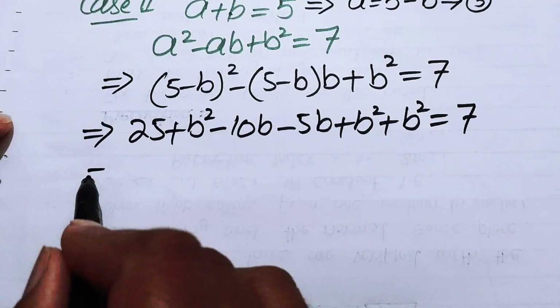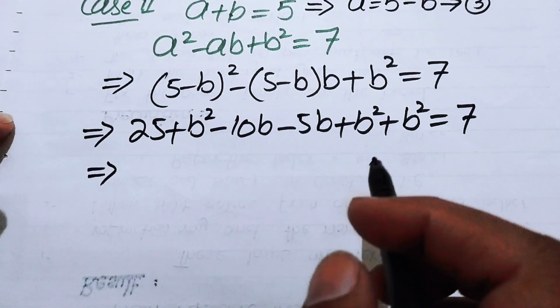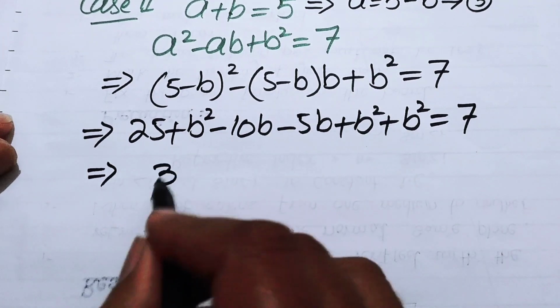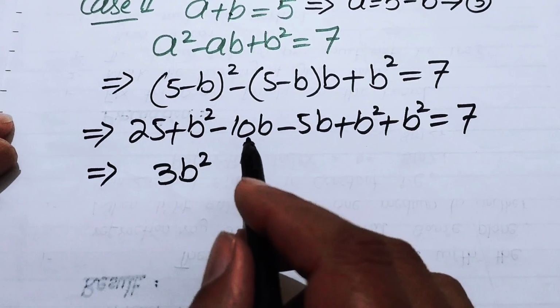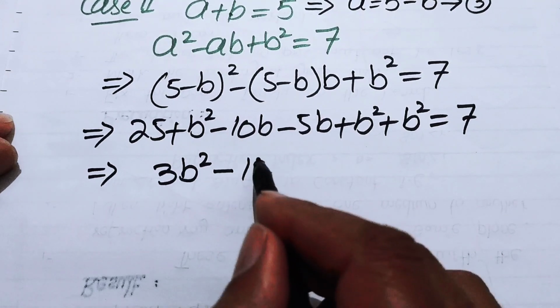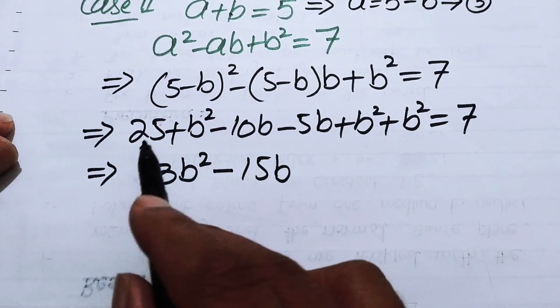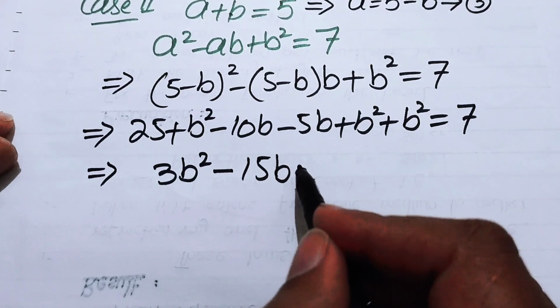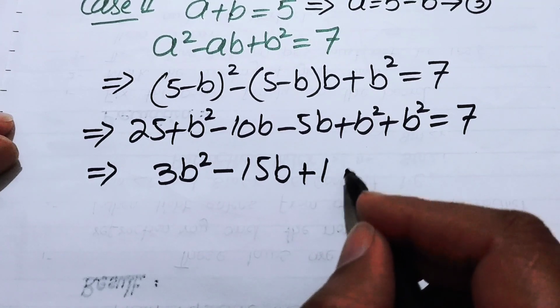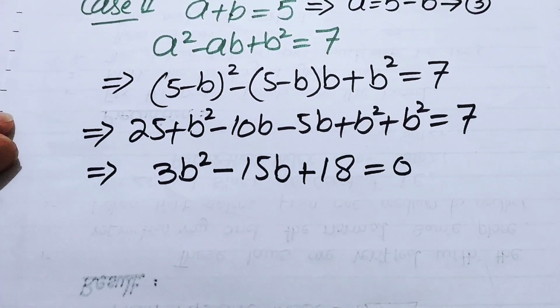So now we can rearrange the terms, and we add or subtract the like terms, and we get b squared plus b squared plus b squared equals 3 times b squared, minus 10b minus 5b equals minus 15b, and 25 minus 7 equals plus 18, and this whole equals 0.